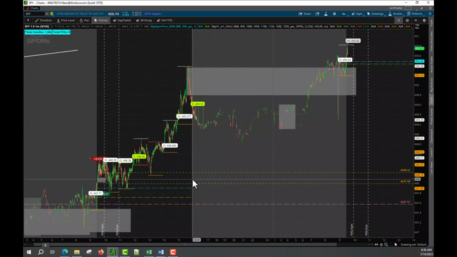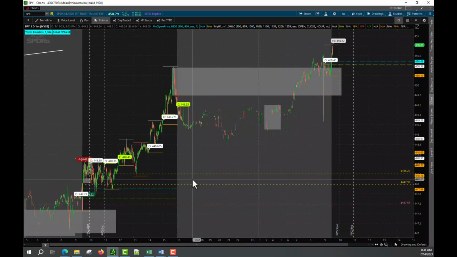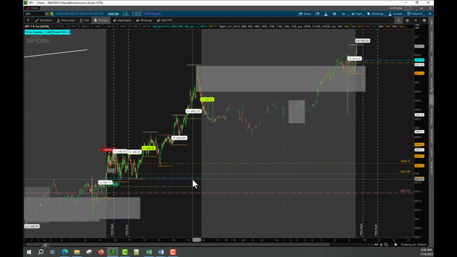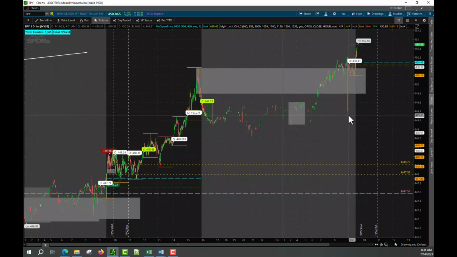So let's see. But this one is really a deep pullback into here. Wow.